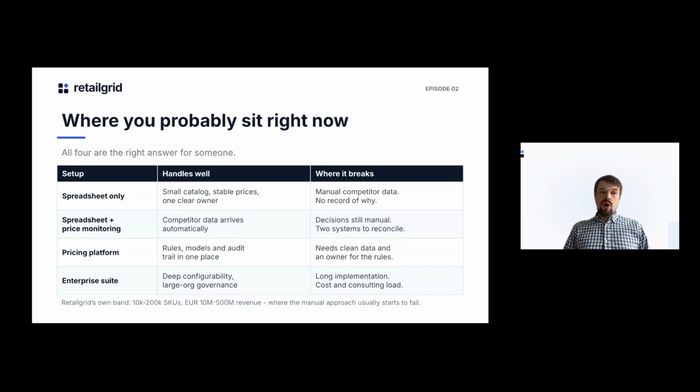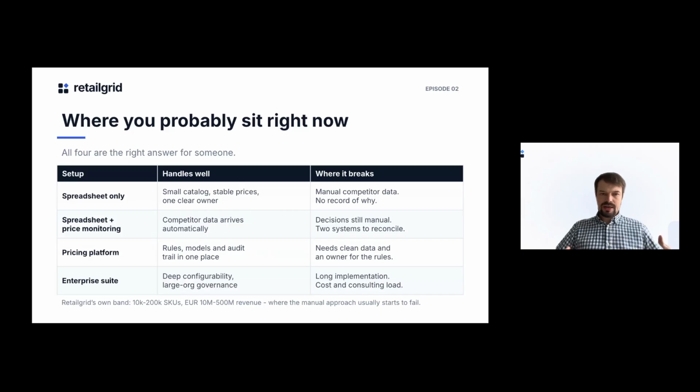Once you feel that we need to be more dynamic, we started to get more competitive prices, and we are getting bigger, and competitor data updates come daily, weekly, then in this case, spreadsheet plus price monitoring or some kind of dynamic pricing tool could be the next step.